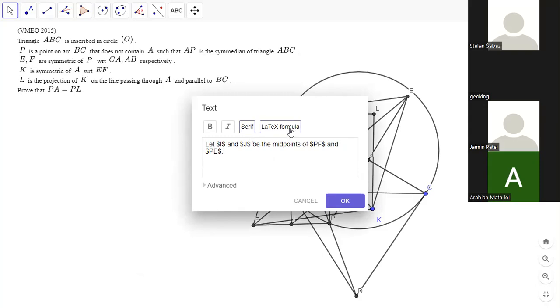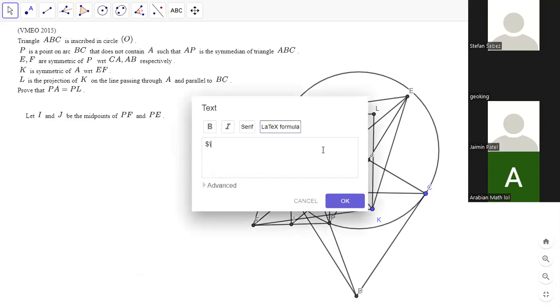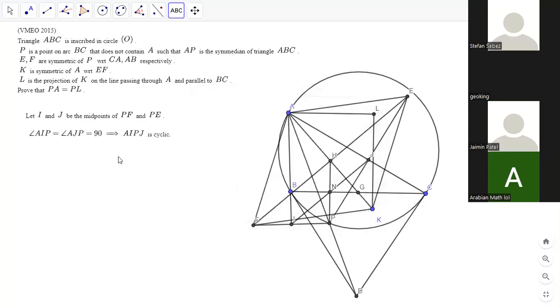And then basically AIPJ is cyclic because, since angle AIP and angle AJP are 90, that means that AIPJ is cyclic. Actually, we really don't need point D, but I'm just going to leave it there.